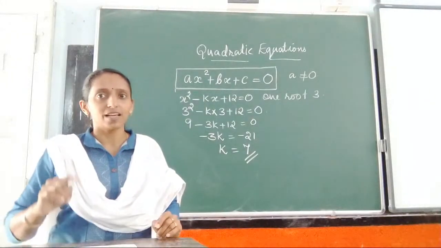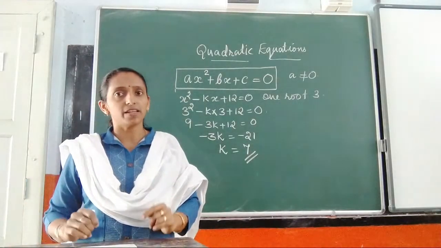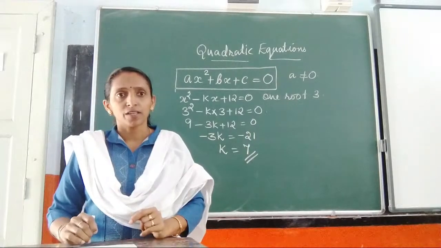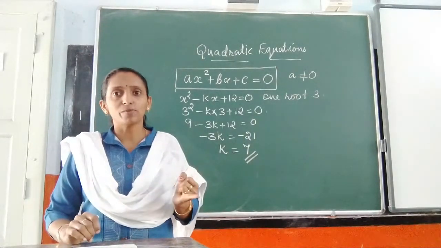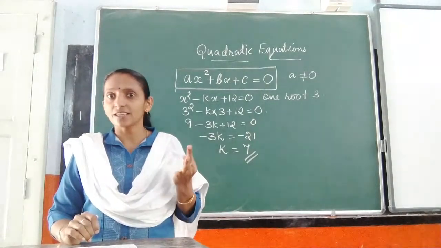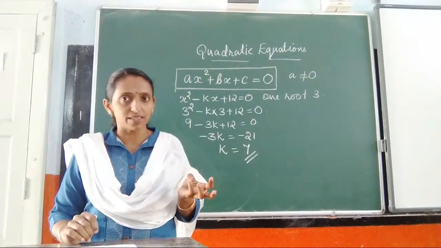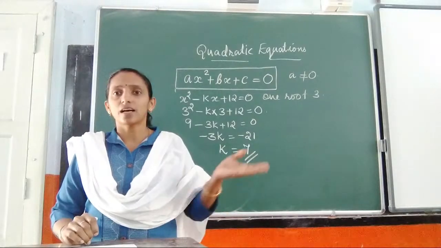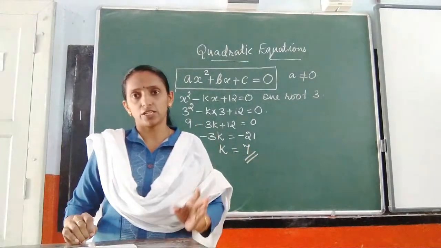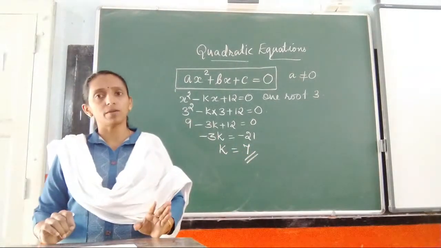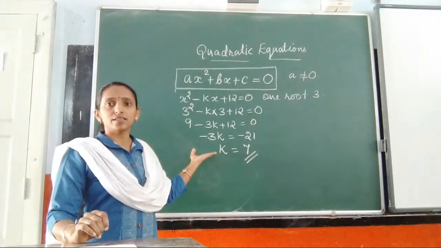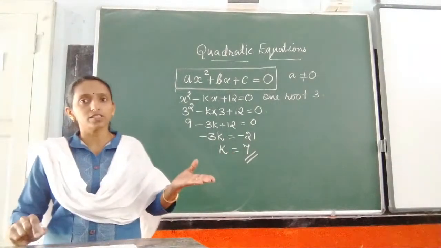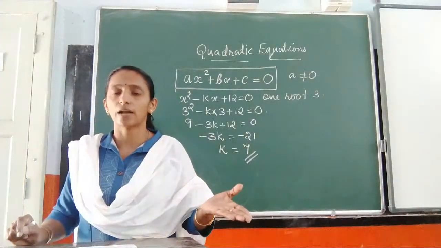Are you remembering the solving procedure of simultaneous equations from last year? In class 9, we saw the solving procedure of simultaneous equations in 3 different ways: substitution method, elimination method, as well as cross multiplication method. Any one method you can apply here to find the unknown quantities.